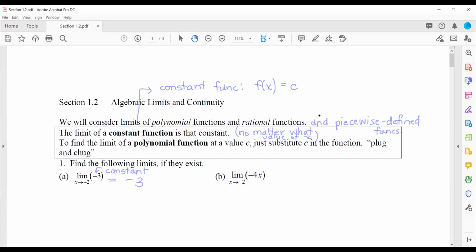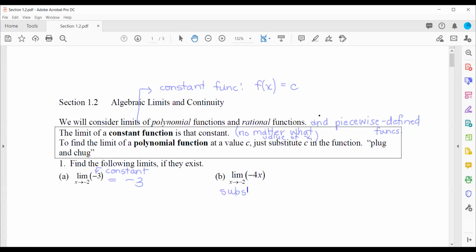For a polynomial function, that's going to be real straightforward. Find the limit of a polynomial function at a value c. We just substitute c in the function, plug and chug. So for part B, we want the limit as x approaches -2.